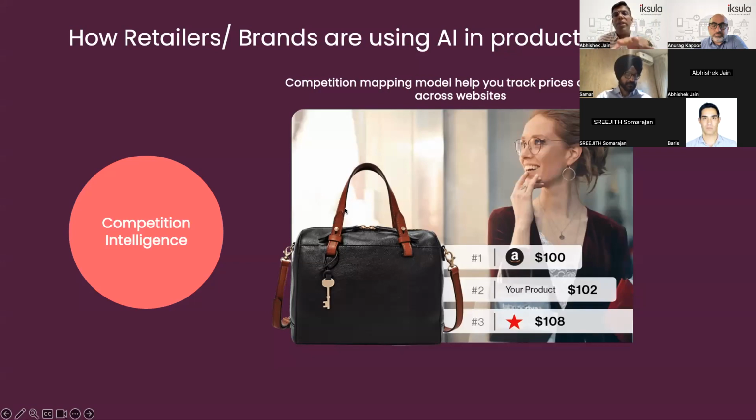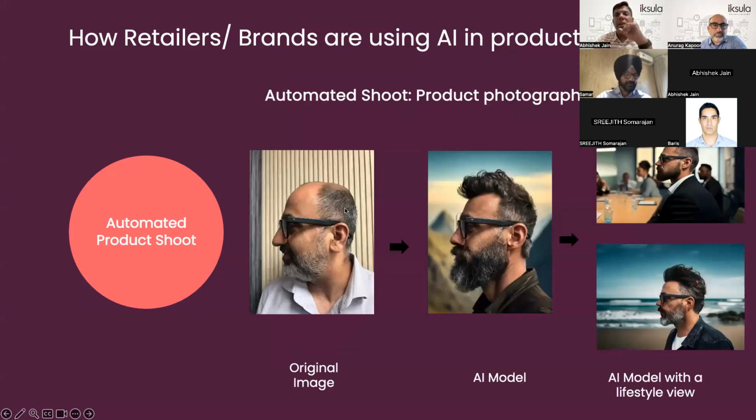But one of the important use cases that we are specifically solving for brands is around content shoots. Typically, in our previous days, we used to have a model, define the locations, and select a stylist. All of these had to be brought together, and then the shoot would run for days.